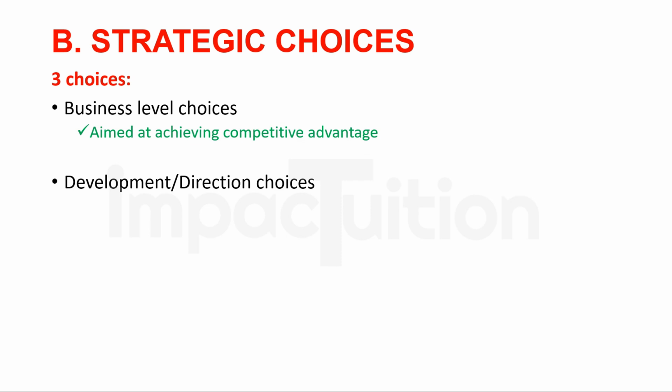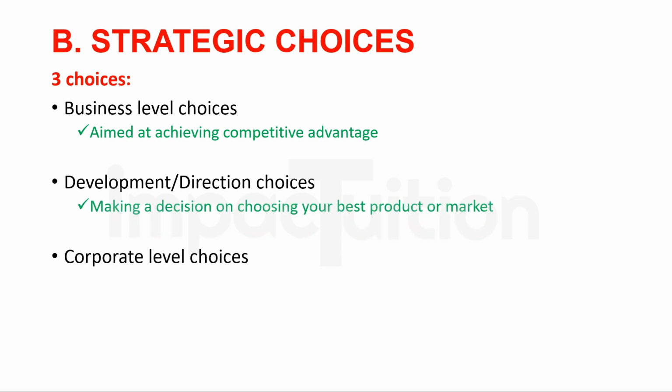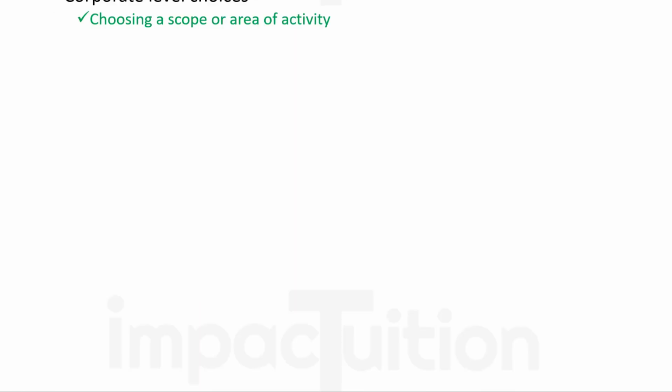These choices help in making a decision on choosing your best product or market. Then finally, corporate level choices, which also help in choosing a scope or area of activity. We will look at the issues under each of these choices.